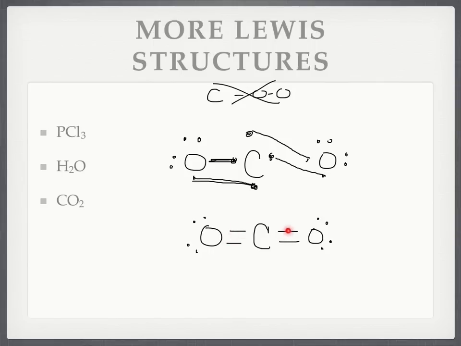So for carbon, 2, 4, 6, 8, it's happy. For oxygen, 2, 4, 5, 6, 7, 8. For this oxygen, 2, 4, 5, 6, 7, 8. You always need to make sure that we get to 8. Now, there are exceptions to that, but most of the ones that we'll do get to 8 electrons, and that's what we're always trying to get to first.